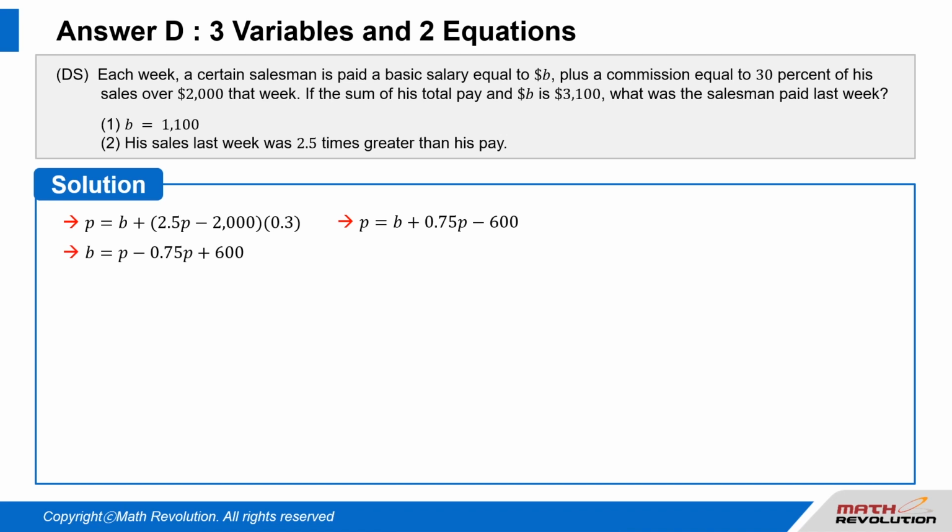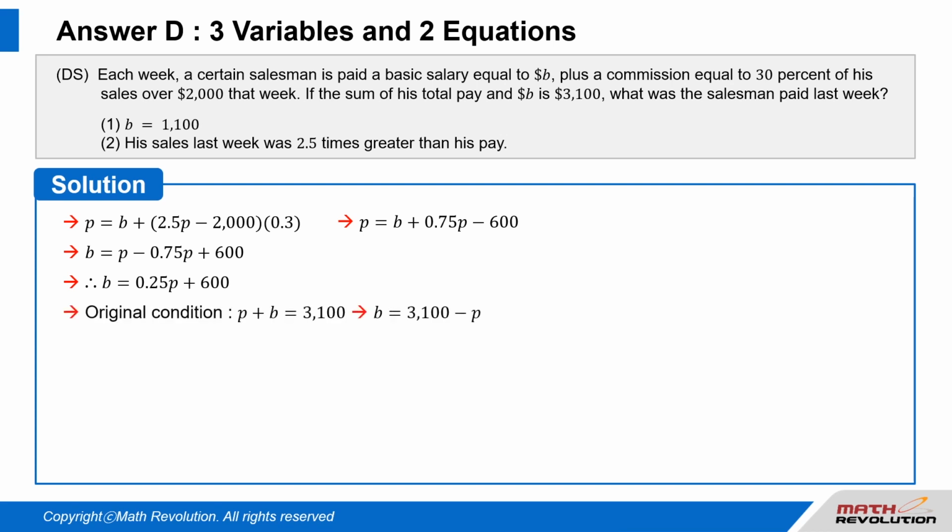Rearranging the equation gives us B equals P minus 0.75 times P plus 600. Combining like terms gives us B equals 0.25 times P plus 600.